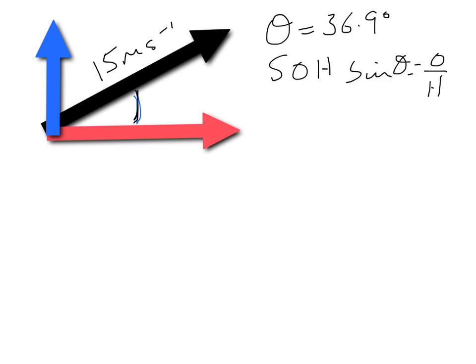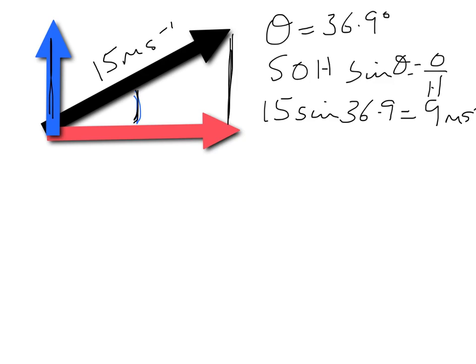So in this case, 15 sine 36.9 is the value of this side of the triangle, which is the same as the blue arrow, and is equal to 9 meters per second.